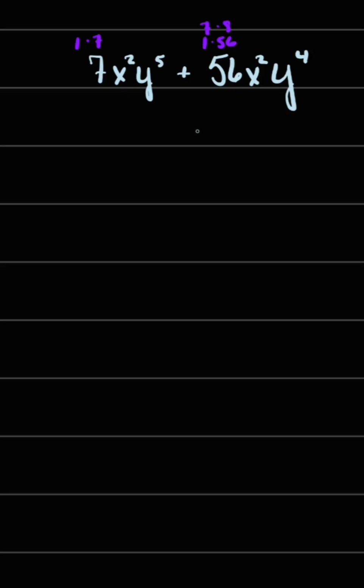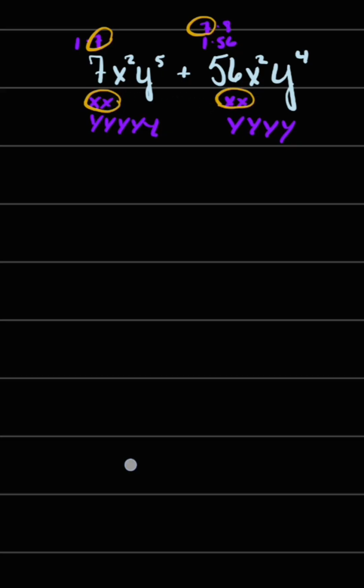And I see x's in both, I see y's in both. I see 2 x's here, 5 y's here, 2 x's here, 4 y's here. What factor do we have in common? The highest number is the 7. What's the most amount of variables you can get from everybody? I can get 2 x's from both, and I can get 4 y's from both.